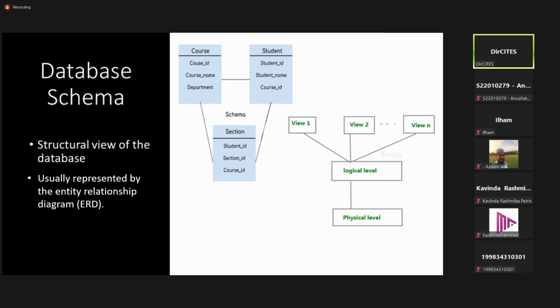So schema plays a major part. That means the design of your database. Overall design, before actually implementing the database, you need to design your database. Based on the design, it depends how you can access the data, whether you can access it very quickly or it may take some time to run queries on the database.